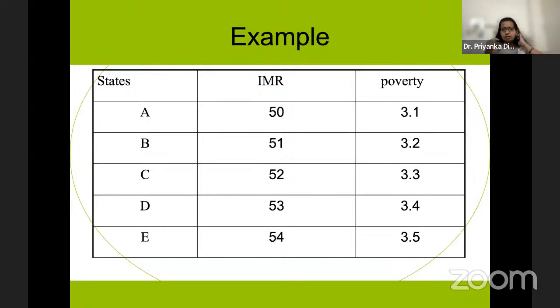I have the assumption that education is the cause, and it is going to affect the children ever born. So in that situation we can apply linear regression, and we will get the idea of what is the effect of education on children ever born.